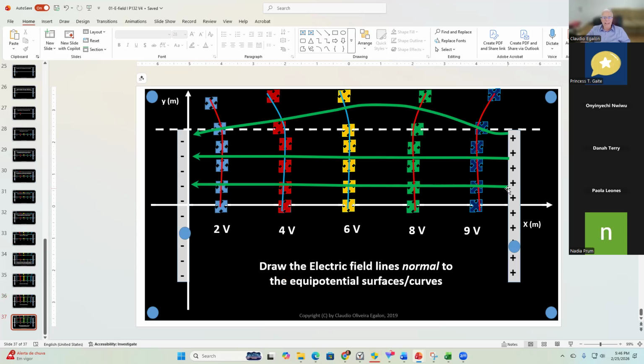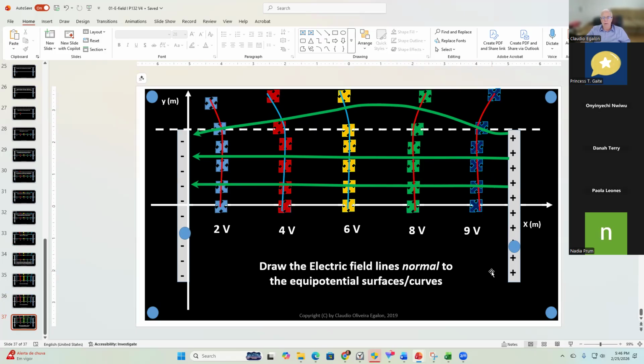See that? The electric field comes out from the positively charged electrode and passes through those equipotential lines perpendicular, normal, right? Normal here, here too. Because the equipotential is curving, the electric field lines are going to curve as well.